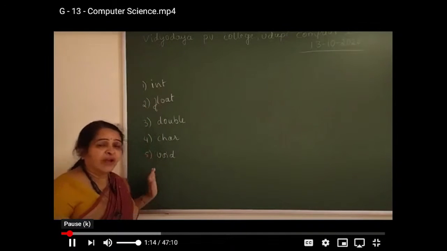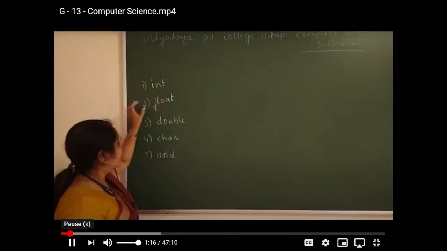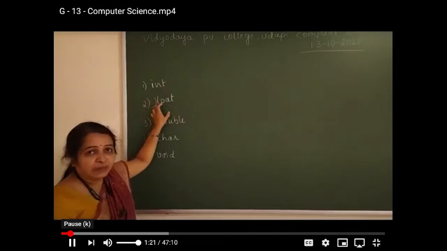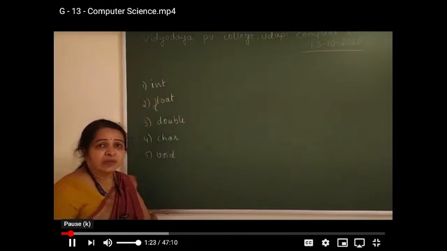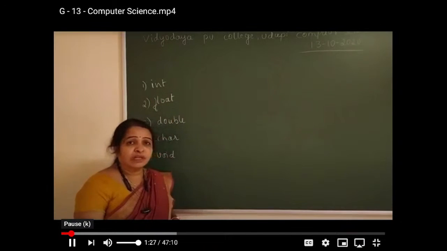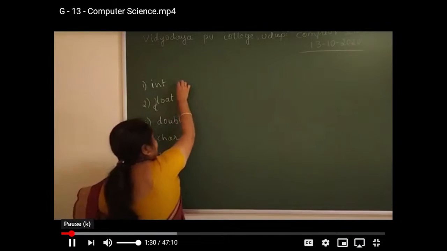Out of these 5 fundamental data types, we had discussed the int type and the float type. So what is int type? Int is the data type which is used to represent the integer values, correct?